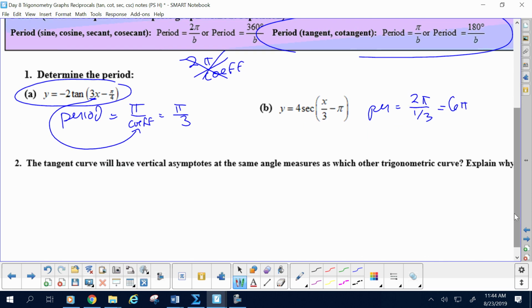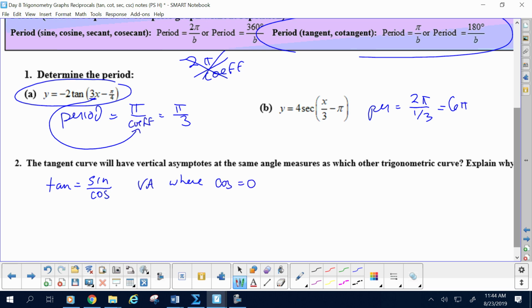The tangent curve will have vertical asymptotes at the same angle measures as which other trig curve? Explain why. Ooh, that's a good one. Tangent is sine over cosine. So it has vertical asymptotes where cosine is 0.